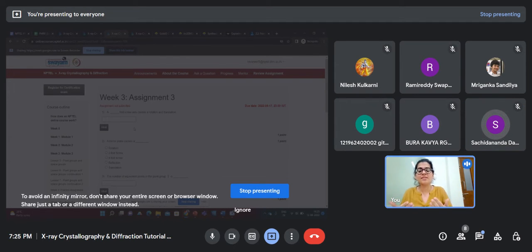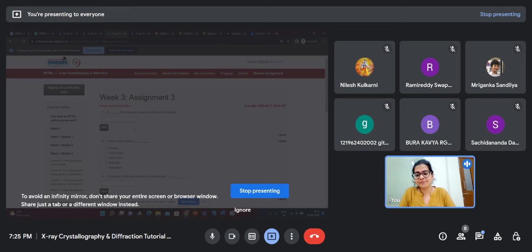Screw axis itself is a combination of rotation and translational motion, so it is not about which fold. If I am generalizing about the screw axis, it can be either two-fold, four-fold or six-fold; any kind of screw axis will cause rotation and translation. I will check this question and then we will discuss it again.